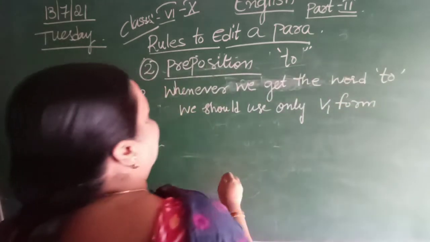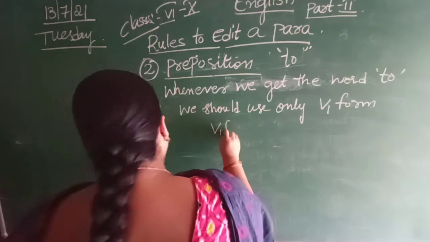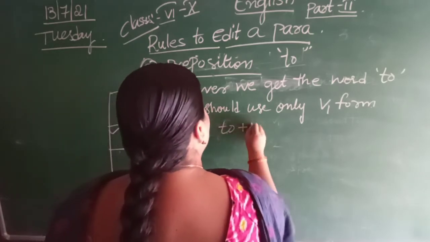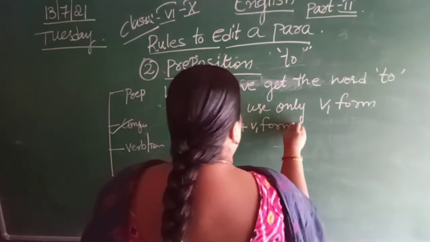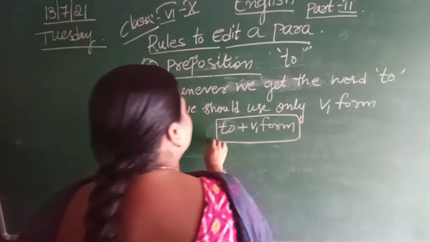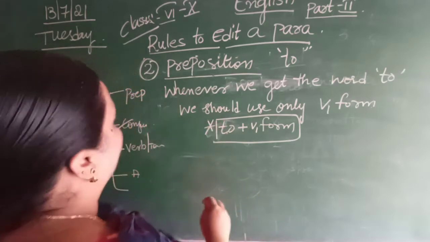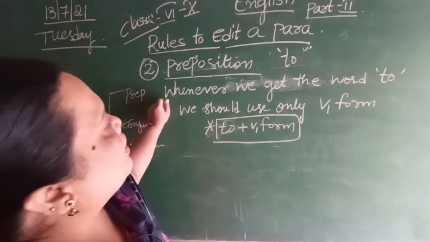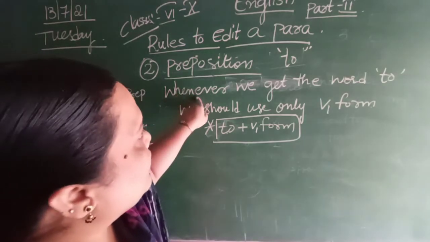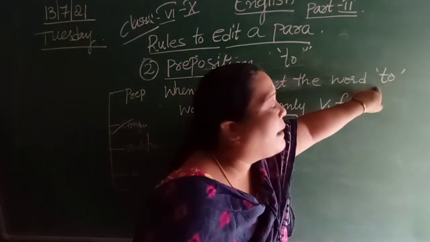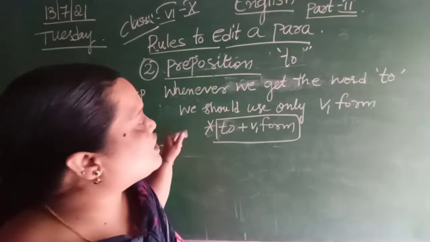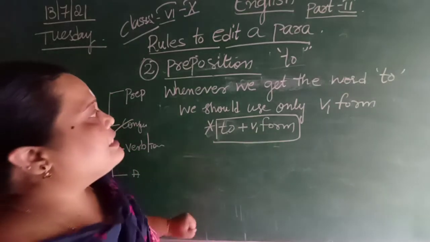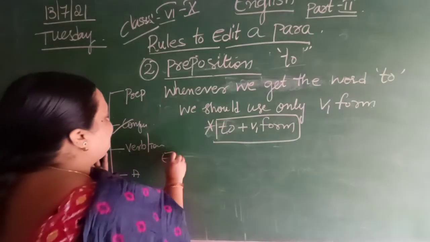V1 form ఒకసారి స్ట్రక్చర్ చూసుకోండి నా. See the structure here, to plus V1 form. Understood? If you just underline this, it makes you remember very well. Now see once again, Nana, whenever the word "to" comes, దాని తర్వాత వచ్చే వర్బ్ V1 ఫామ్ లో ఉండాలి.